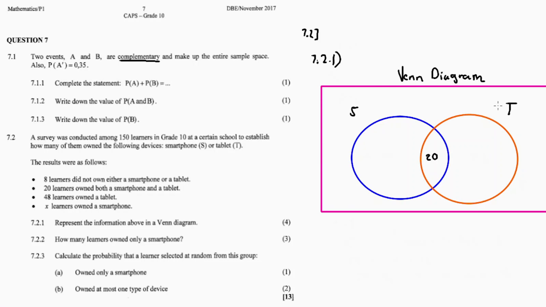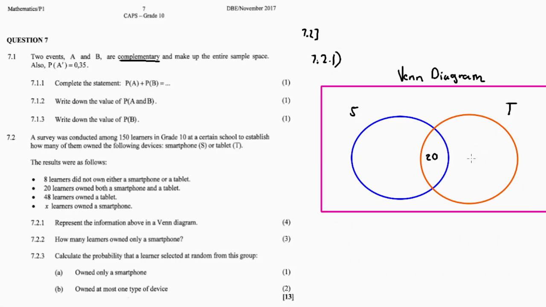Now this is the group of learners who own tablets. This is the group of learners who own smartphones. But where the two circles meet, those are the learners who have both devices, right? Then we deal with the orange circle, the tablets. 48 learners owned tablets.